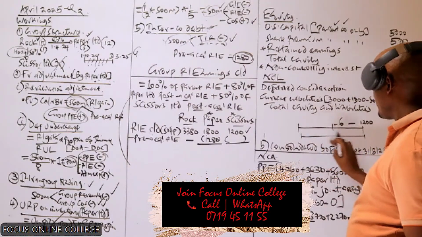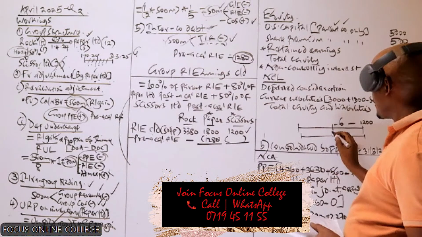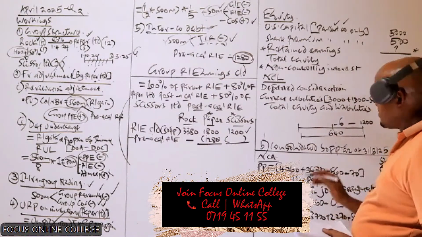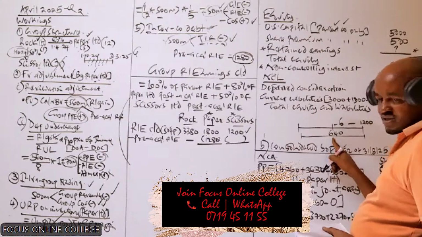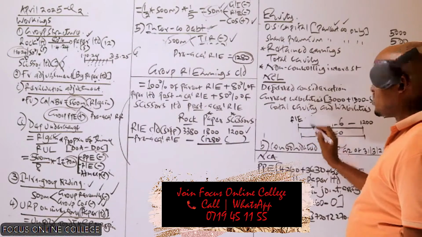And then we also need the profit for Scissors for the year. We get it from the income statement. The profit for the year for Scissors is 640.